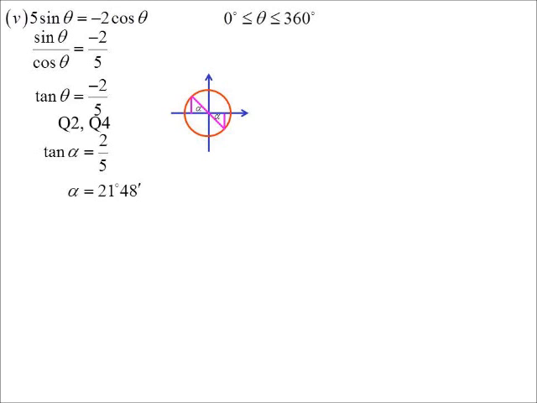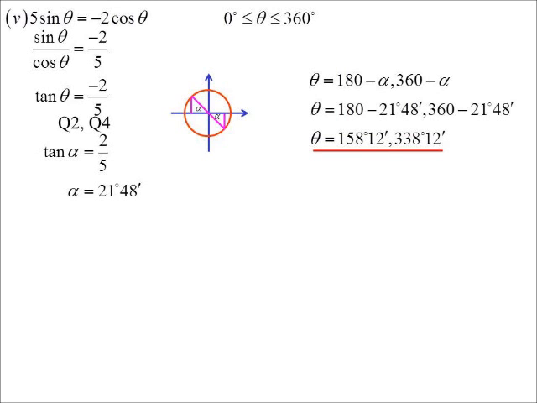Tan theta, negative 2/5. Tan's negative, so I'm in the second or the fourth quadrant. Find the acute angle, put all the information together. So I'm either going to have 180 minus the acute or 360 minus the acute. 158.12, 338.12.